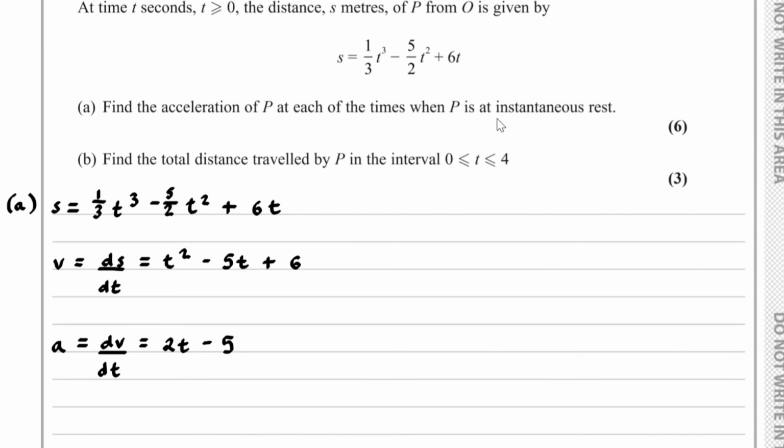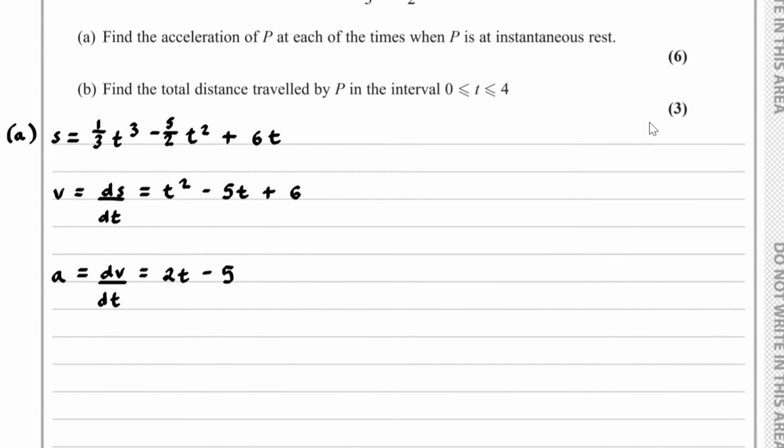Now, because we are concerned with instantaneous rest, well, it's resting when it doesn't move, which means that when v equals 0, t squared minus 5t plus 6 equals 0.